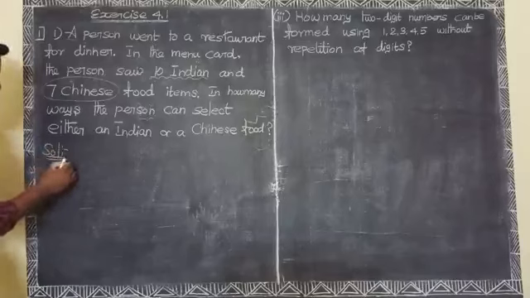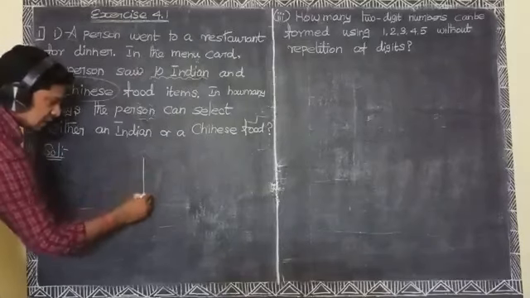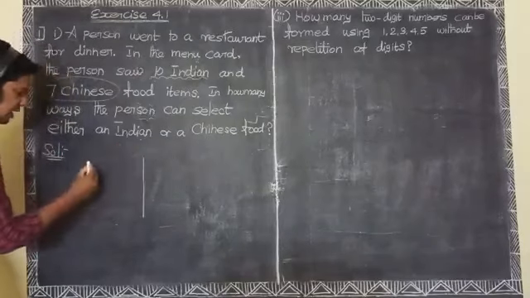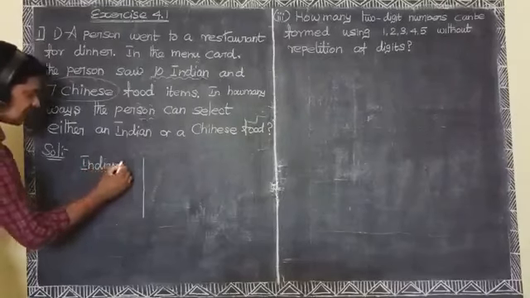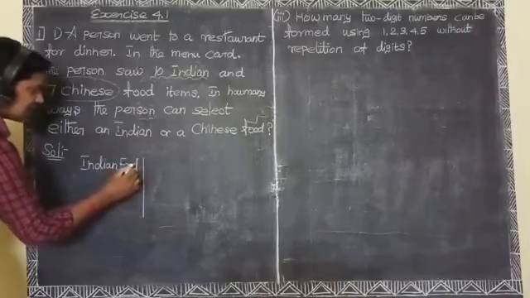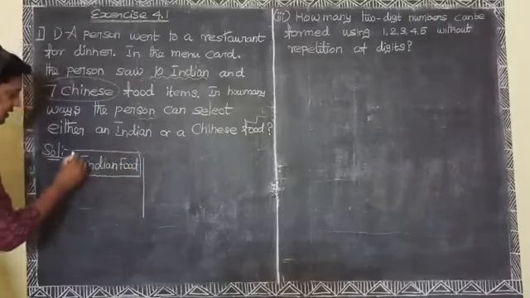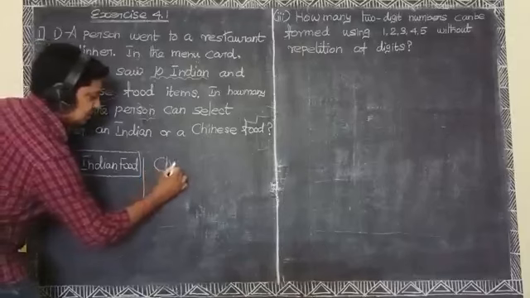Solution: here, a person saw two types of food. The first one is Indian food, then the next one is Chinese food.